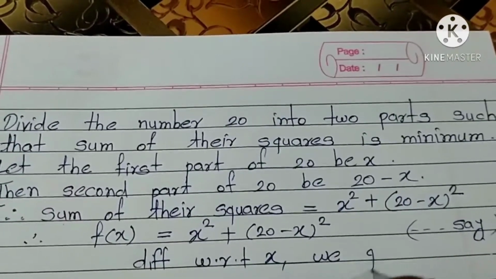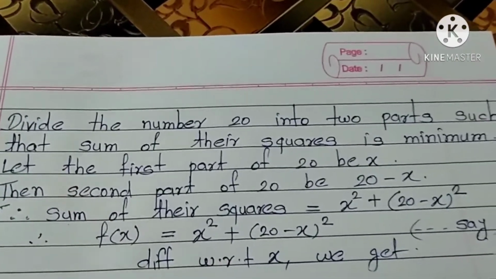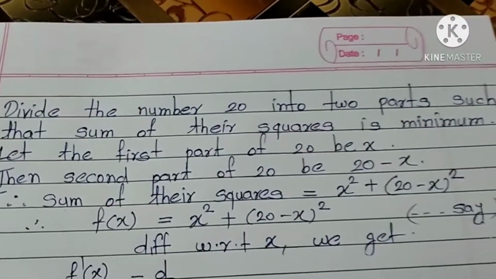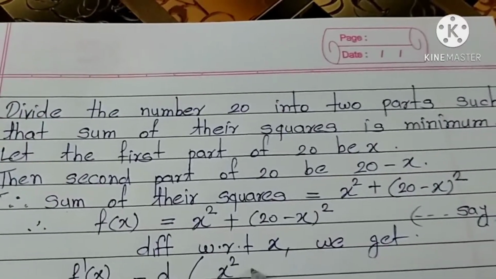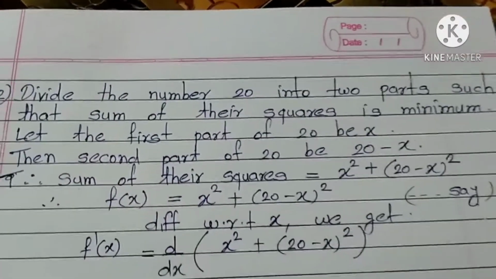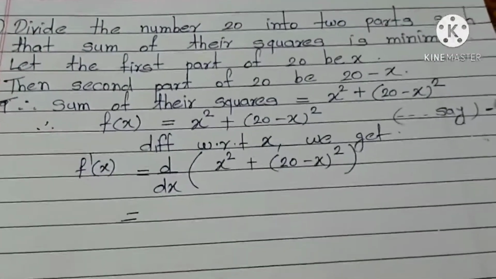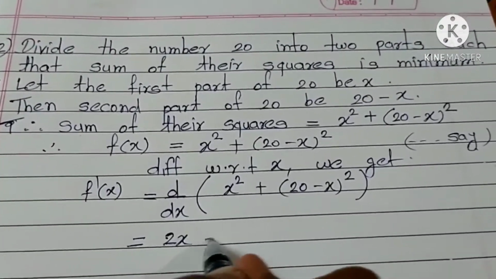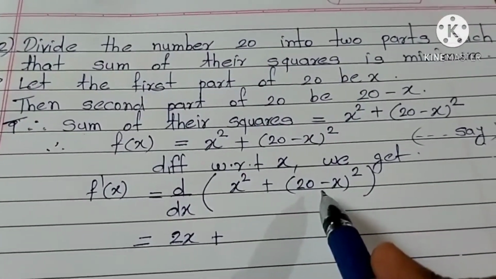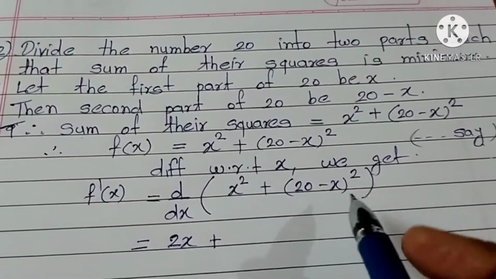We get f dash of x, the differentiation of f of x, and the differentiation of this is d by dx of x square plus 20 minus x whole square. Now differentiation of x square is 2x, plus for 20 minus x square we know that differentiation of x raised to n is n x raised to n minus 1.